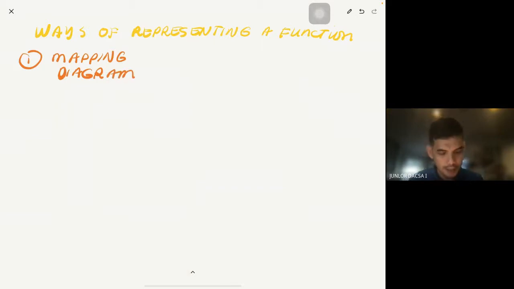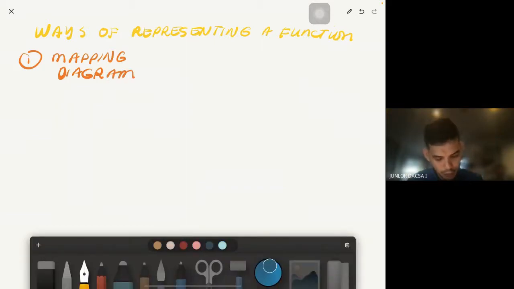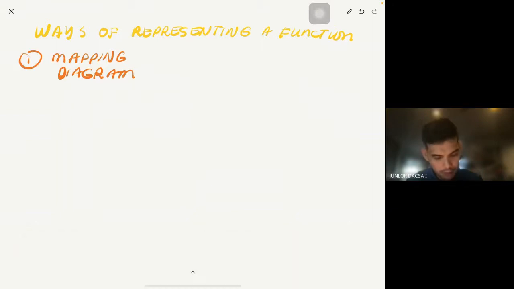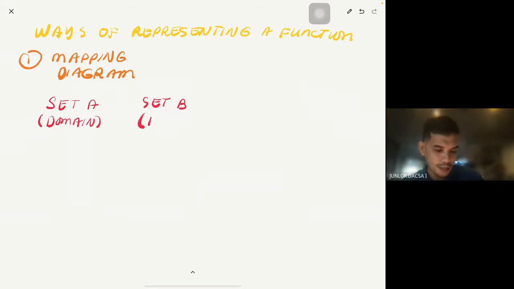In mapping diagram, we have two sets like set A and set B. Let us say that the set A is our domain or the input and set B is the range or the output.